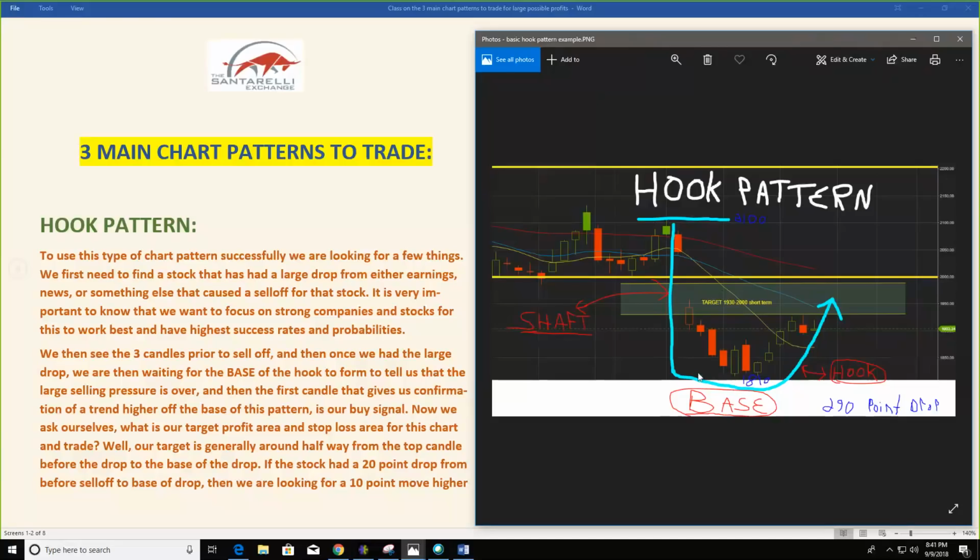It leveled off right around $1,800, $1,810 a share, and then it started to go higher. So what we are looking for with the hook pattern is, like I said, the drop is the first part, and we're going to focus on the shaft and that drop. The second part is the base, and that's where the stock flattens out, and that's where we really want to focus on an entry.